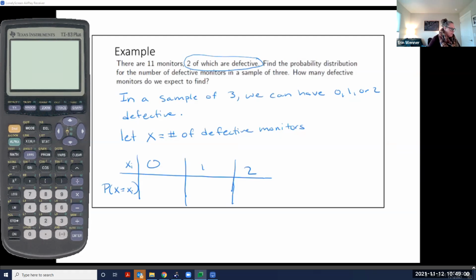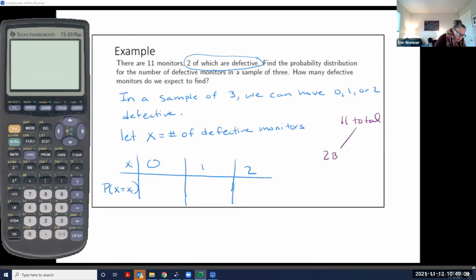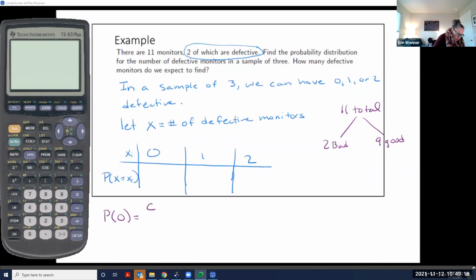So again, if we're thinking about setting this up, we've got 11 total, 2 bad, 9 good, right? So the probability of none, selecting no bad, is going to be the combination of 2 choose none, and the combination of 9 choose 3, out of the combination of 11 choose 3.